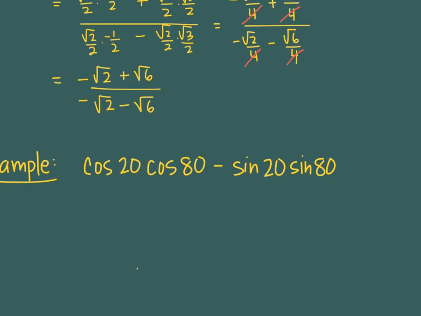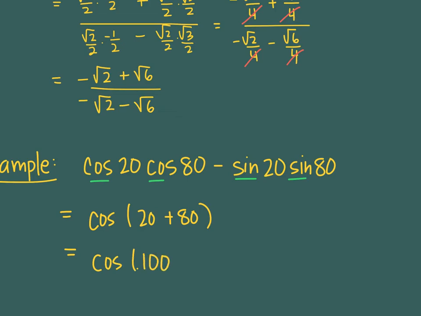Well, those 4 terms and the sign in the middle match the formula for cosine. So this is the cosine formula for an addition problem, because remember, in the cosine formula the sign switches. The 20 would come first and the 80 second. If you put those back together, it's the cosine of 100 degrees.